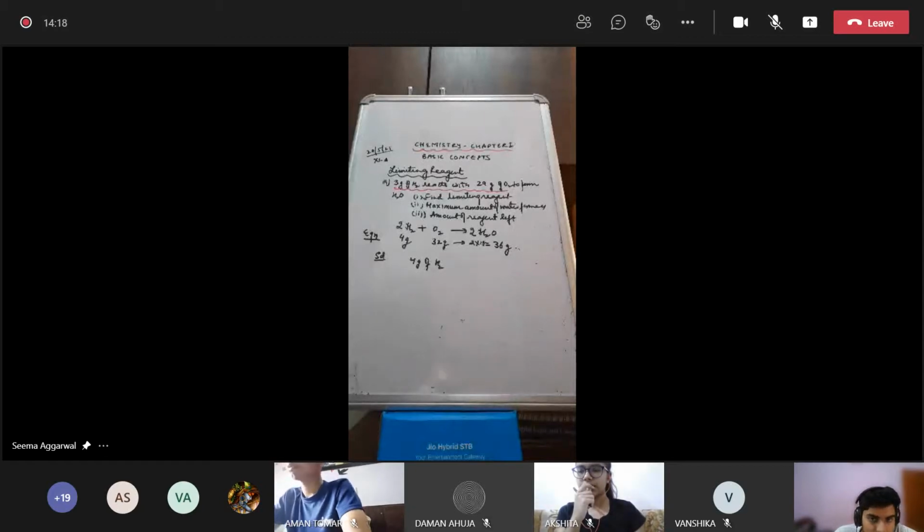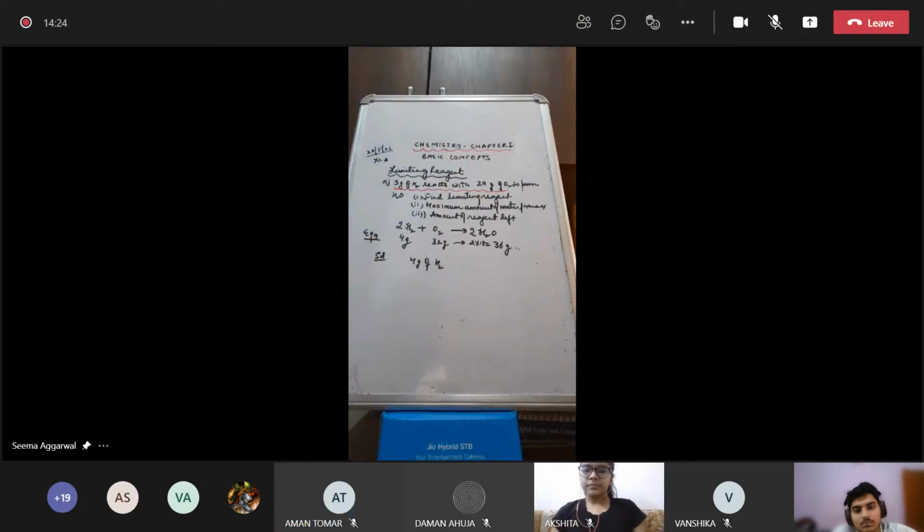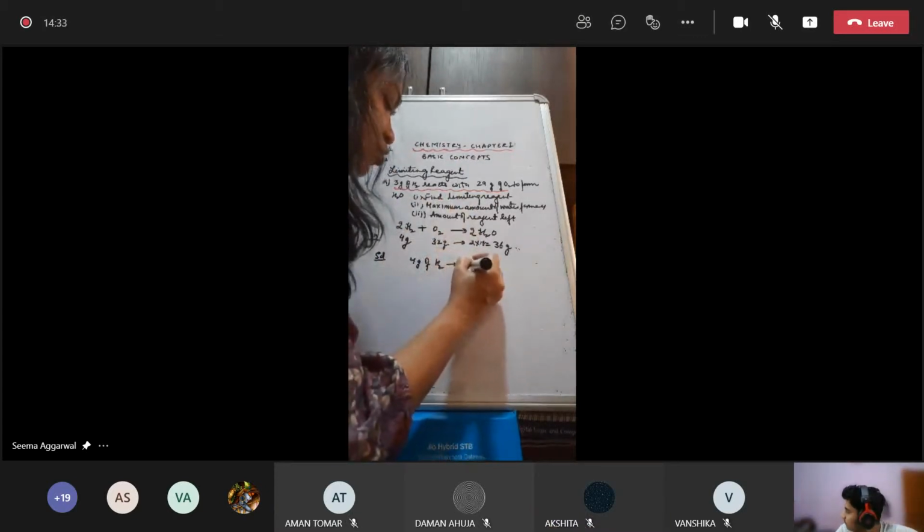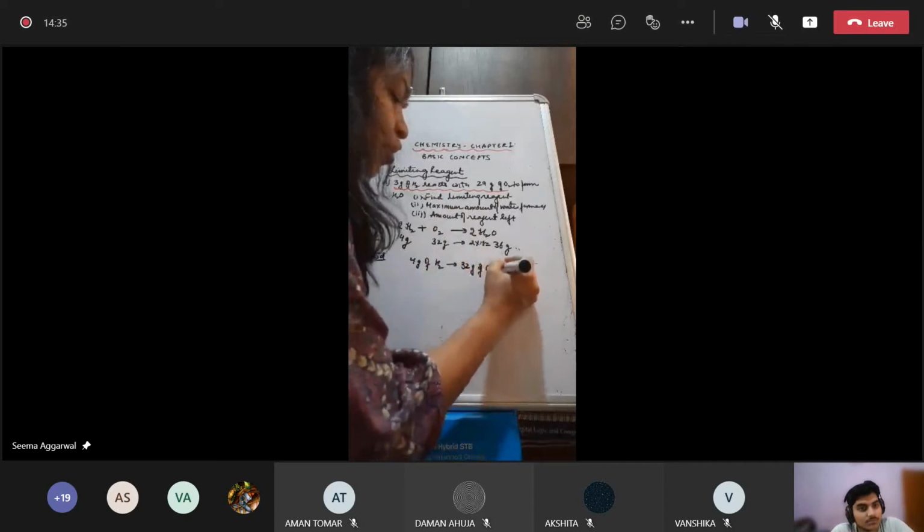Even if it is not mentioned, you should know that the amount of both the reactants is given to you. So if the amount of both the reactants is given, it means in the question there is a limiting reagent. So I am taking this one: 4 gram of hydrogen combines with 32 gram of oxygen according to the equation.